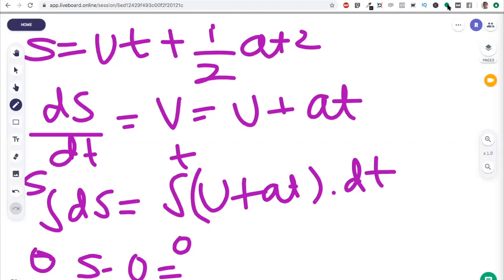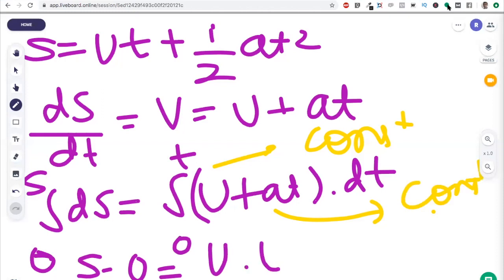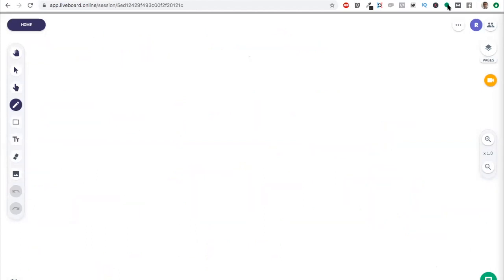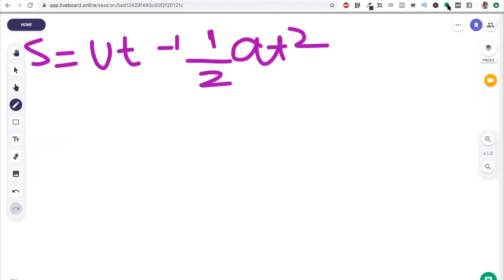So u into integration of dt, that means u into t from 0 to t, and a into integration of t dt. Integration of t dt is t square by 2 from 0 to t. So s equal to ut plus half at square. That's what we got. So equation 2 also we derived.